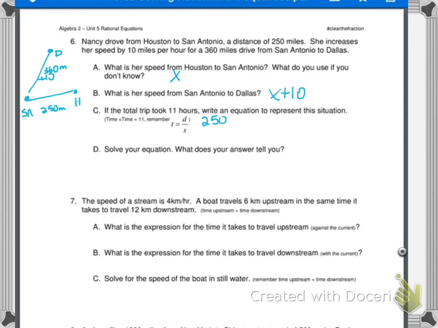So that's where we get x and x plus 10. Okay, so our equation would be 250 over x, because that's distance over speed, plus 360 over x plus 10. And we know the total time is 11 hours. So let's rewrite the problem, and our common denominator is going to be x times x plus 10.